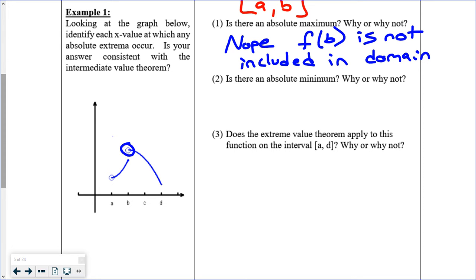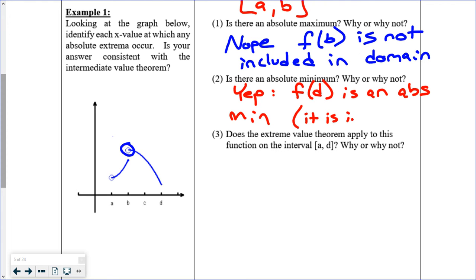How about an absolute minimum, though? At D, yeah, there is an absolute minimum at D, even though the function is discontinuous. And we use the extreme value theorem to guarantee the existence of a max or min on this graph.